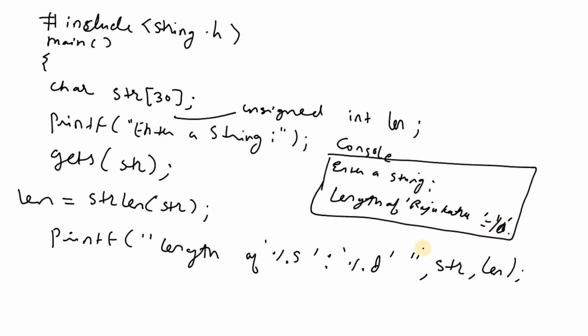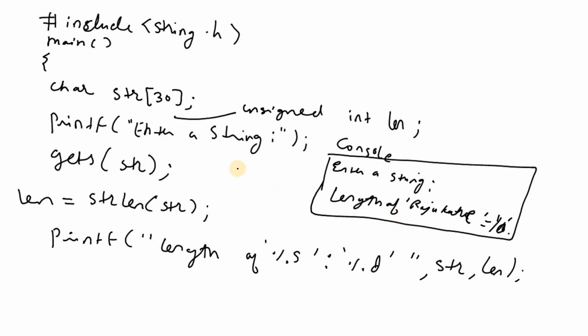It will print the length of 'Raju Katre' as 10. It will not count the null character; the last character counted is E. This is the output, finding the length of a string.